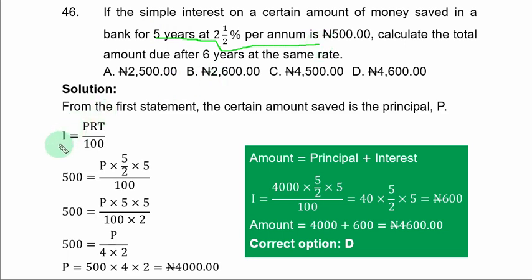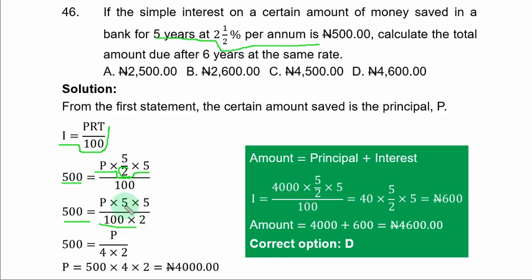Interest is principal times rate times time over 100. From the question, the first part, interest is 500, principal is unknown. If you convert the rate to an improper fraction, you have 5 over 2 times time 5. If you simplify further, you have 500 equal to P times 5 times 5 over 100 times 2.